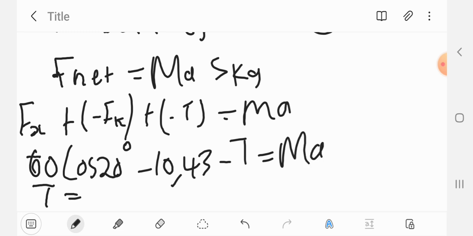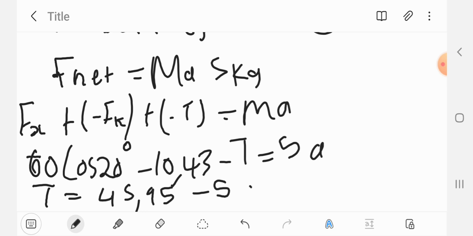That is equal to 45,95 minus, oh sorry, here I'm supposed to have 5a. 60 cos 20 minus 10,43 is positive, so we take the T, because it's negative, to the other side, then the 5a to the other side.